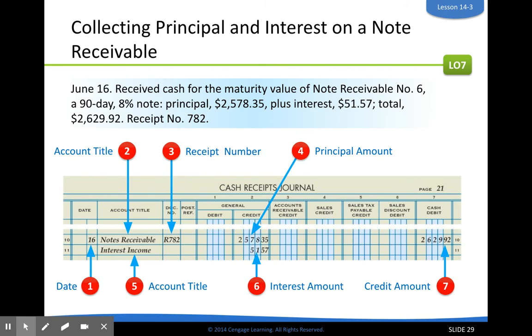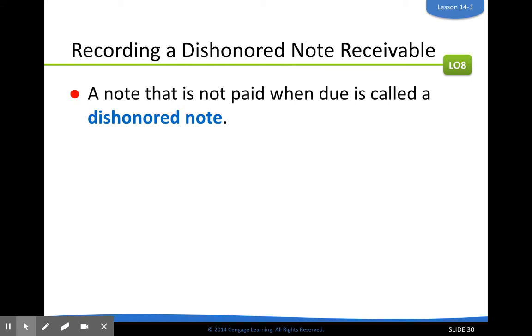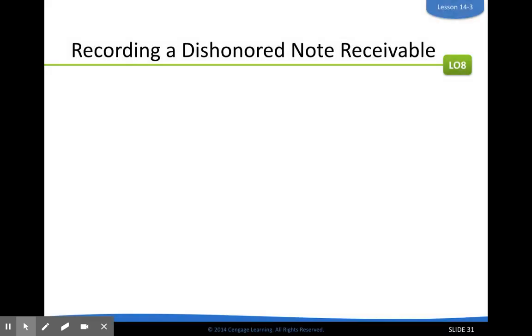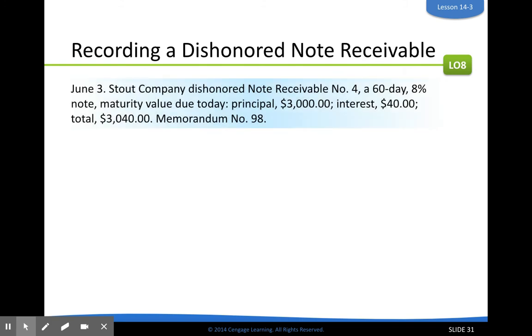Finally, we have the scenario where even though they wouldn't pay accounts receivable, so we move it to notes receivable, we give them 90 more days to pay, and we're charging them interest, it's still possible that they might not pay. This is called a dishonored note. So recording a dishonored note receivable, now we need to take the money that we put into notes receivable back out, and put it into accounts receivable, plus interest.